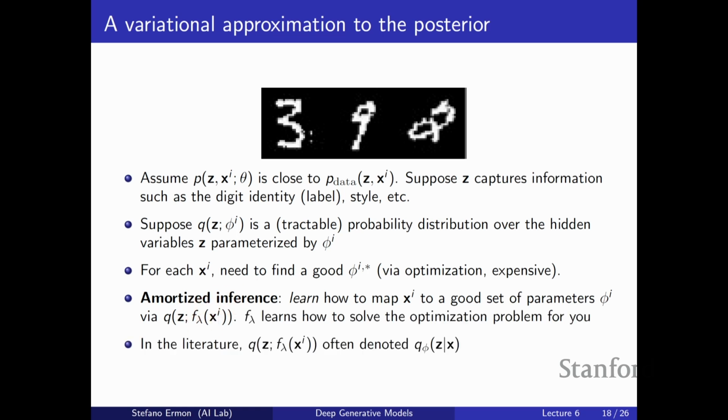And in the VAE language, that's often denoted q phi of z given x, meaning that the choice of variational distribution that you use is a function of x and phi, and the relationship is determined by this neural network, which is going to be the encoder in the VAE that predicts the parameters of this variational distribution over the latent variables, given the x variables.